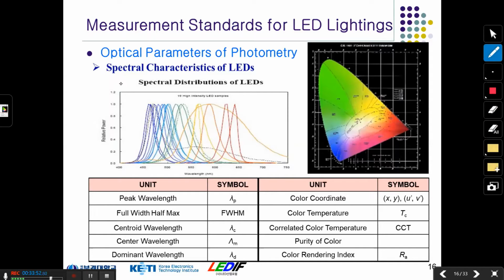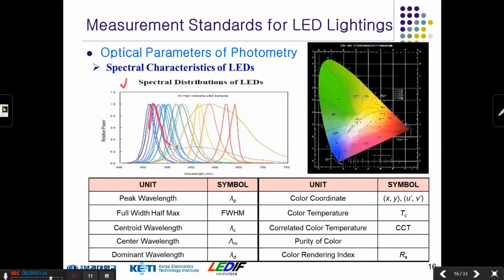The center graph shows spectral distribution of various LED samples. The dotted line in the left here is the spectrum of an LED package with blue LED and phosphor. The center green dotted line here is V lambda, the luminous efficiency function of the human eye, and later it will be y bar lambda.